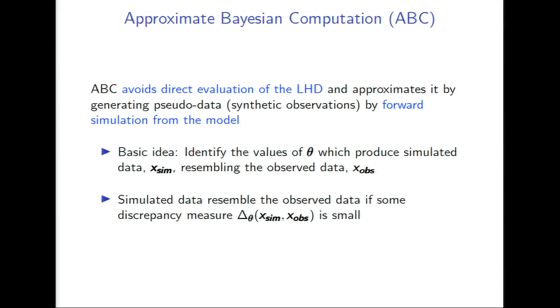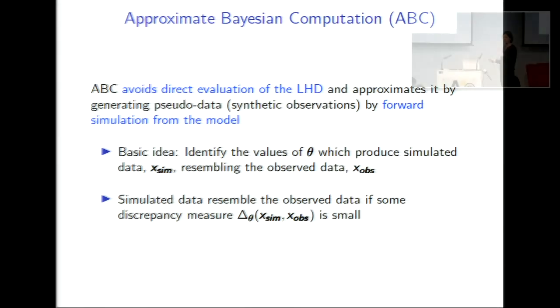And the basic idea is that ABC allows us to identify parameter values that forward simulate data points that are close to the observed data points. And this closeness is measured by some discrepancy delta, which depends on the parameter value. And when this discrepancy measure is small, we think that the parameter value that has generated the simulated data might very likely also have generated the observed data. So this is the intuition.